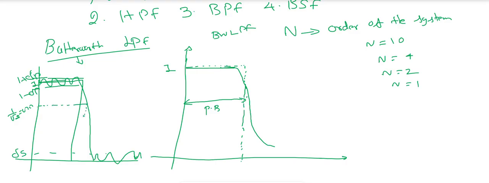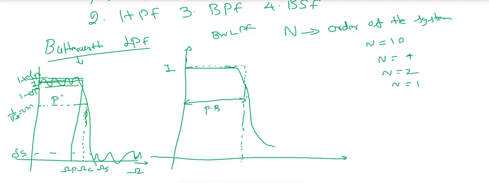This is your cutoff frequency. This is your pass band edge frequency. This is your stop band edge frequency. This is omega.